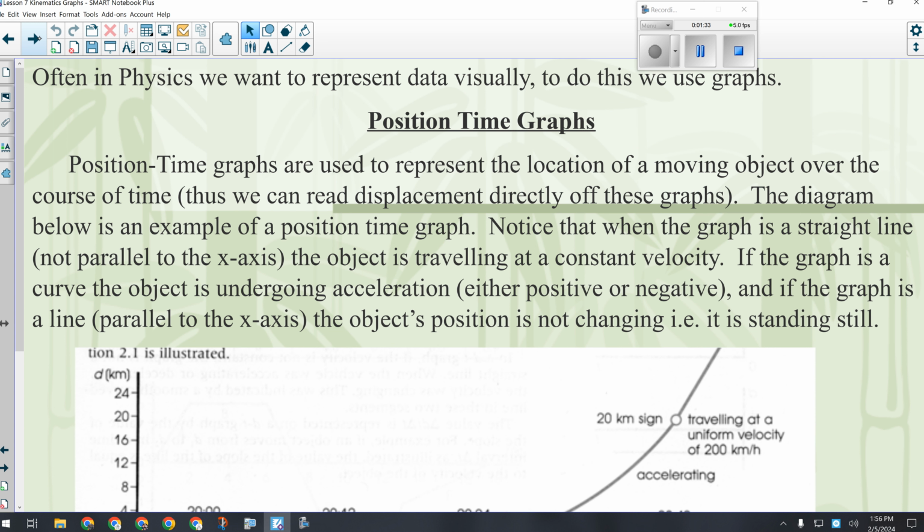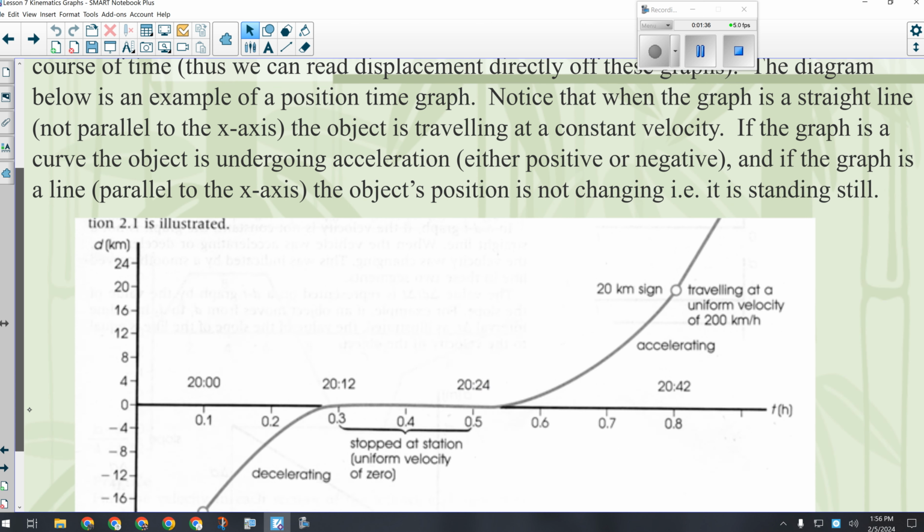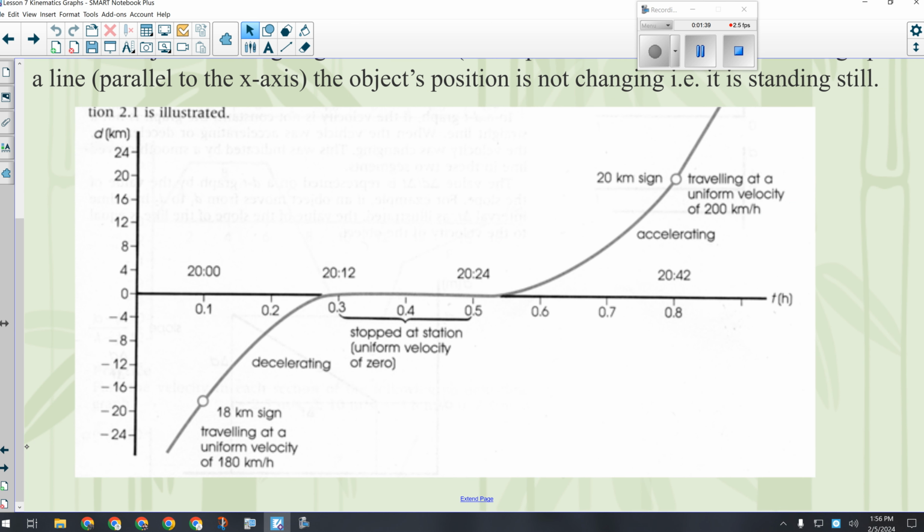All right, so as an example, if I have this graph here, in this first part of the graph, right here, I've got just a straight diagonal line. Now, according to that diagram, it says that means the object is traveling at a uniform or constant velocity of 180 kilometers per hour.